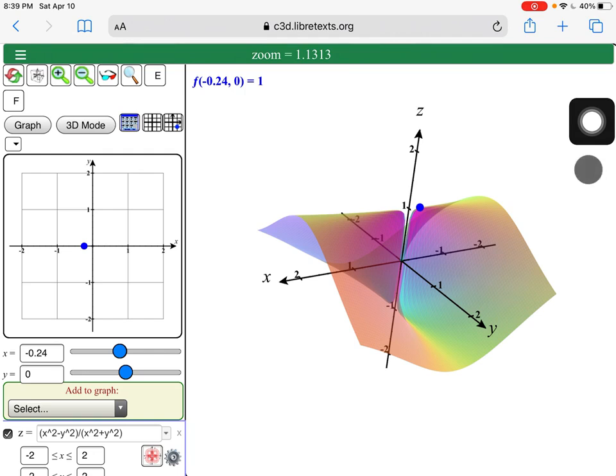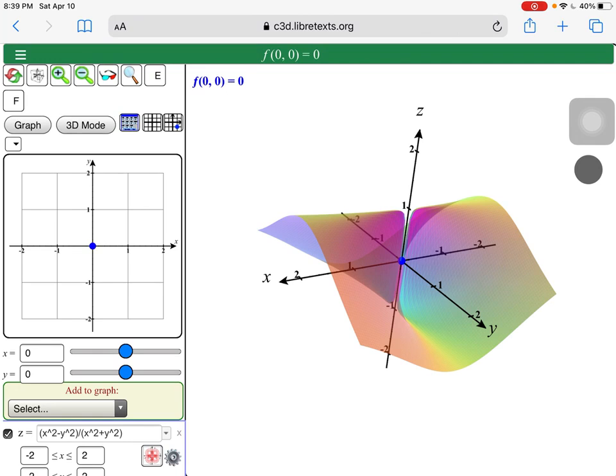But okay, so I'm going to start at an x value that's way over there, around x equals -2. You see on the right-hand side, as I move toward the origin, I'm just moving on the top edge of this function. And if you're looking at the z values at the very top of the screen, they're all equal to 1. And then at x equals 0, this applet has a problem.